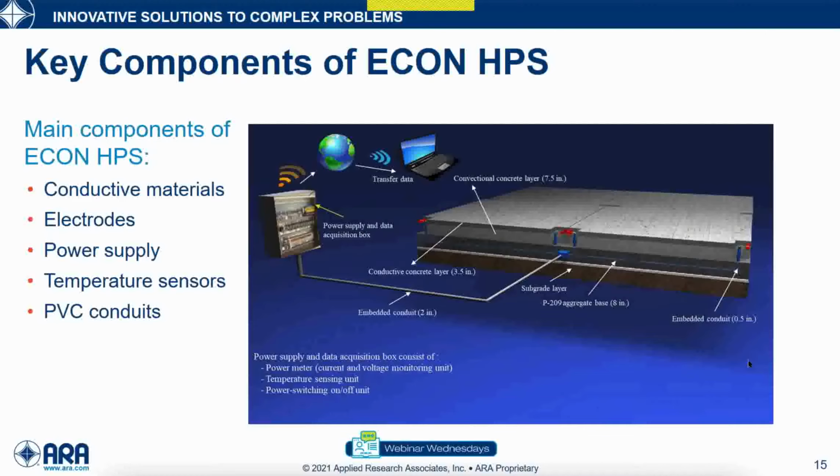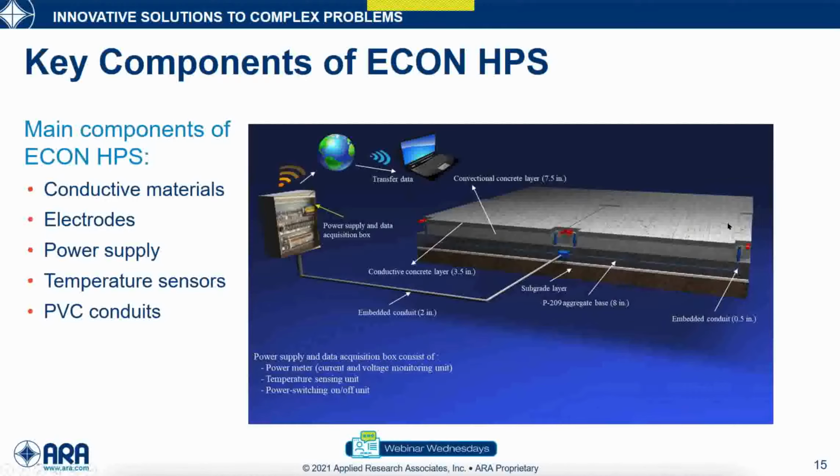So the main components of the ECON heated pavement system are the power supply, electrical wire, PVC conduits, and electrodes. Electrodes are embedded in the ECON layer, and the bottom layer is normal concrete. So typically we divide the whole thickness into 2 layers. The top layer is the ECON layer, and the bottom layer is the normal concrete.